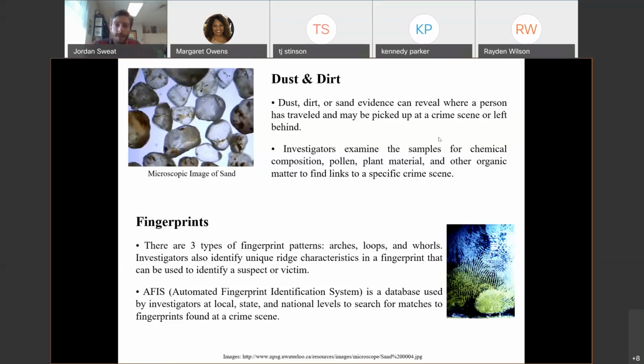There are three types of fingerprint patterns, okay? Three main types. And those are arches, loops, and whorls. Okay, so whenever we get into the fingerprint unit, we'll get into more of this. And if you were all here at school with me, then we would probably do a little activity where I come around with my ink pad and you choose which hand you want to make your print of.